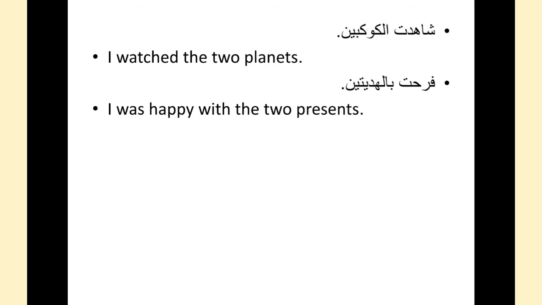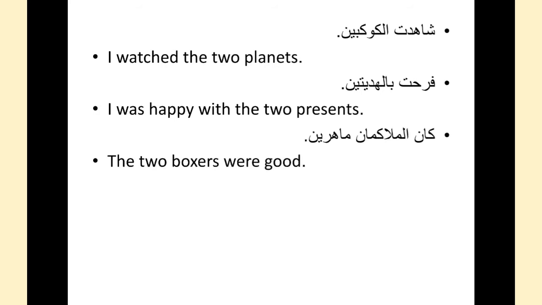You can see here also ya wa noon at the end. كان الملاكمان ماهرين, which means the two boxers were good. You can see here the adjective, which is the last word ماهرين, has ya wa noon at the end. So the noun and the adjective in this sentence are in the dual form by adding alif wa noon or ya wa noon at the end of each of the noun and the adjective.